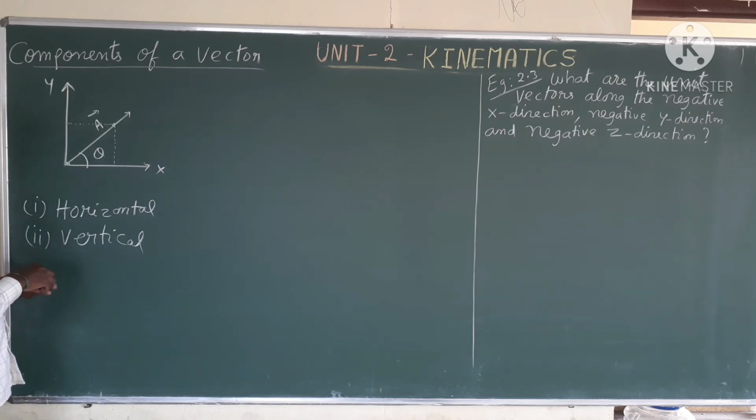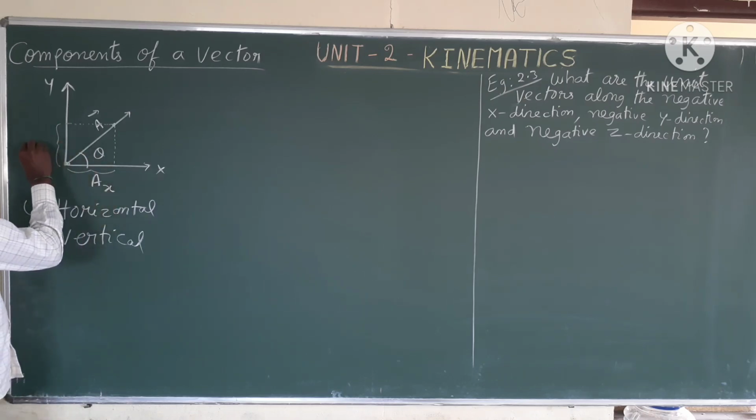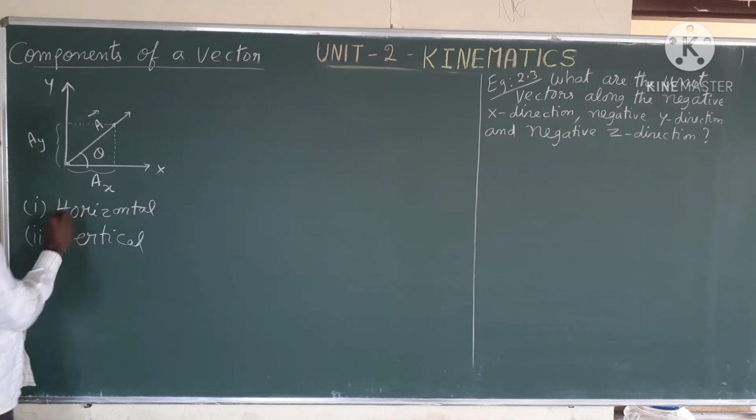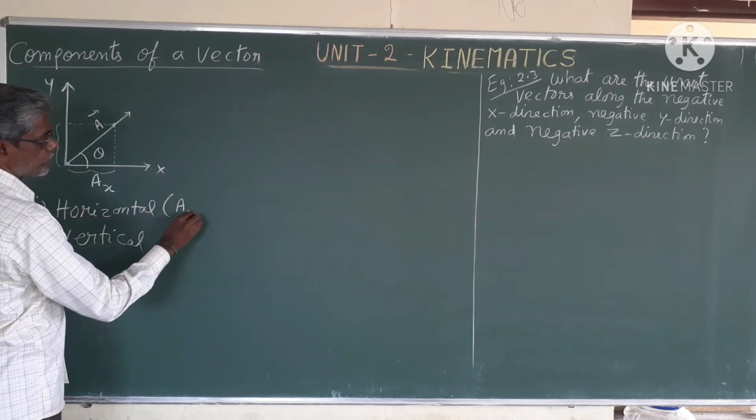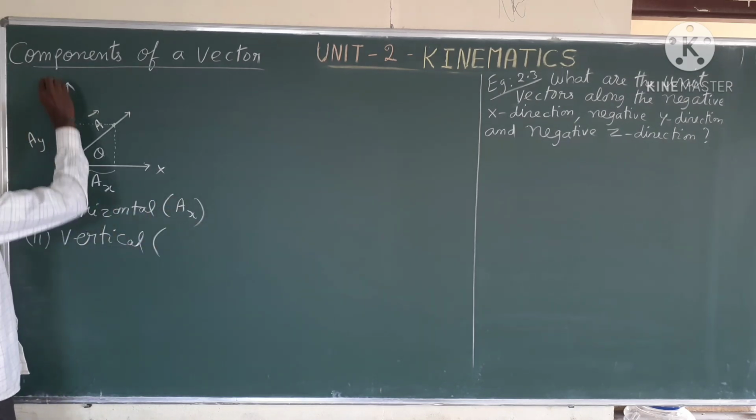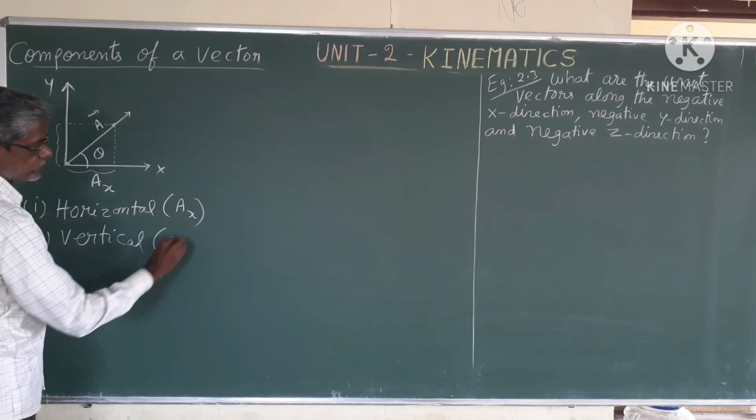Okay. Now, this will give the magnitude in the x direction and this will give the magnitude in the y direction, and that is ax and this one is ay. So the horizontal component is ax and the vertical component is ay.